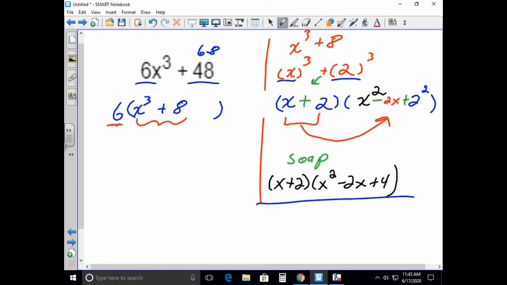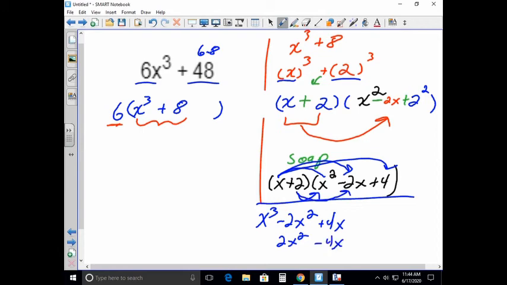So quickly as a check, if we distribute x times x squared is x to the third, x times minus 2x is minus 2x to the second, x times 4 is 4x. 2 times x squared is 2x squared. 2 times minus 2x is minus 4x, and 2 times 4 is 8.